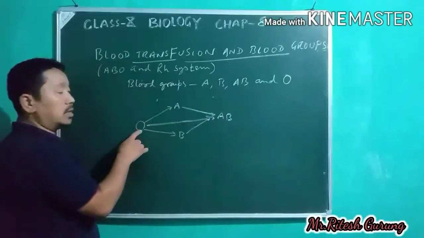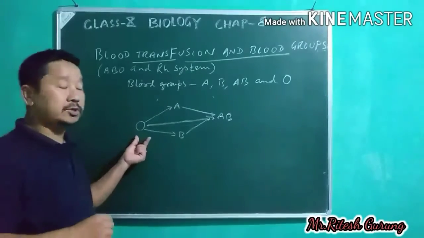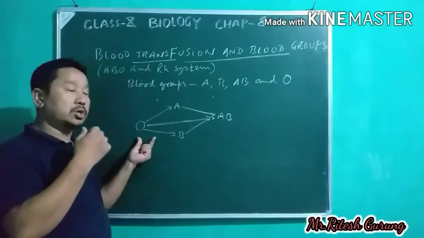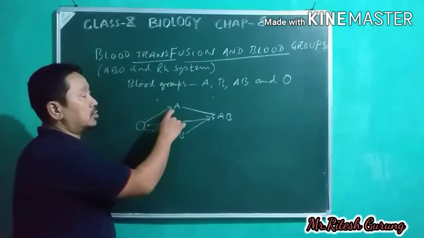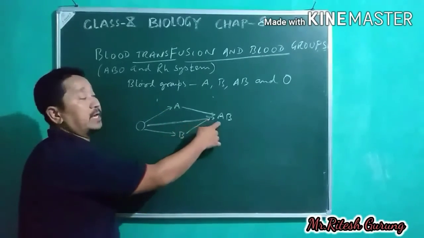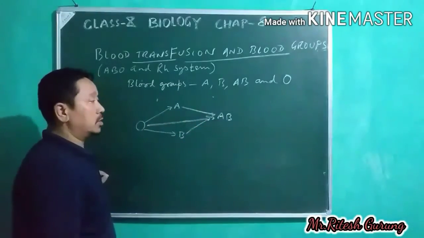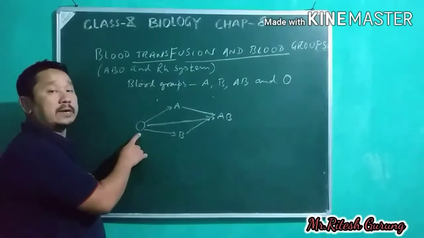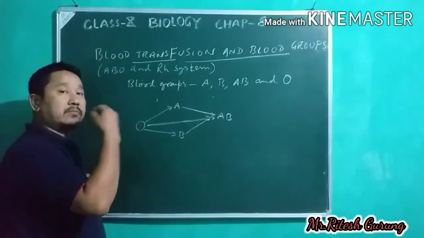That means a person having blood group O can donate the blood to persons having blood group A, blood group B, blood group AB.